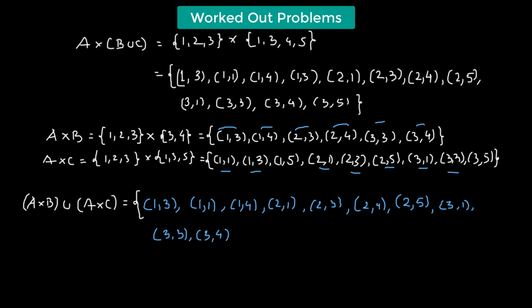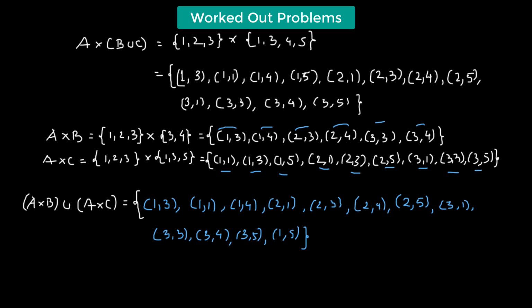And then finally (3, 5). There's one more element remaining, that is (1, 5). And I think I made a mistake. It's not a mistake actually. That is (1, 4). This is (1, 5). So this is also taken care of.